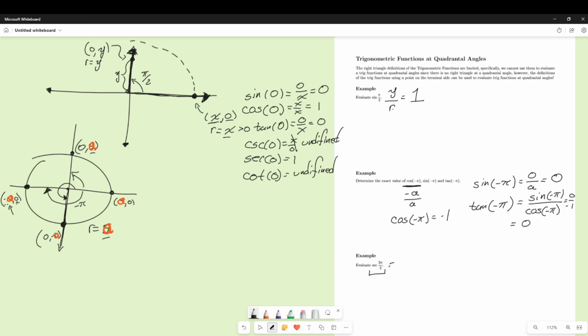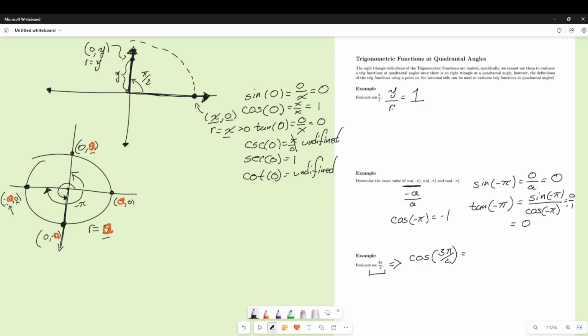Secant is the reciprocal of our cosine. So I might go over here and ask, what's the cosine at 3 pi over 2? Because if I know what the cosine is, figuring out the secant is easy. I could go look up what our definition of secant is, but finding out the cosine and turning it into the secant is often easier because we'll get real familiar with sine, cosine, and tangent.